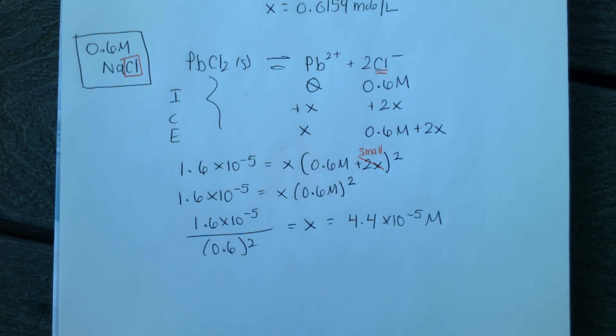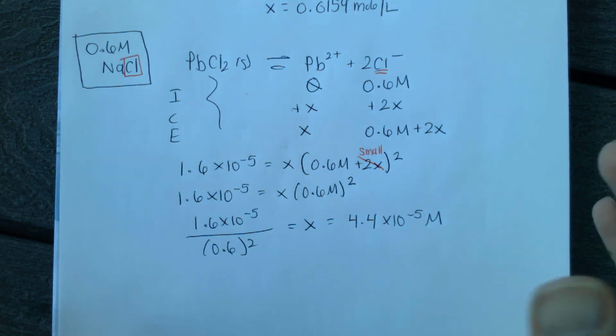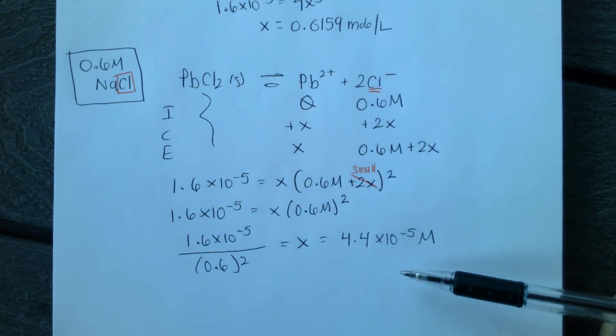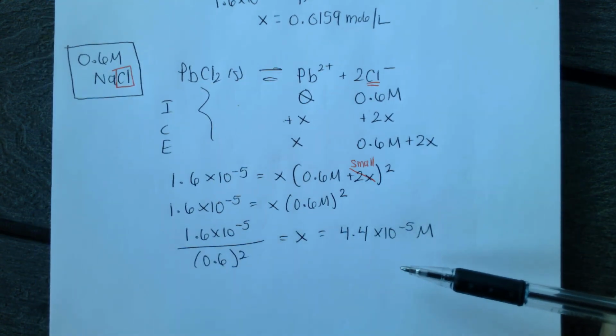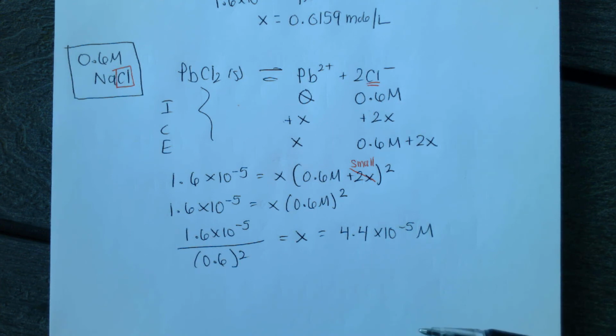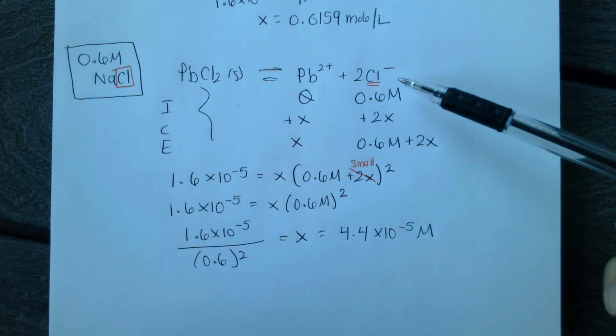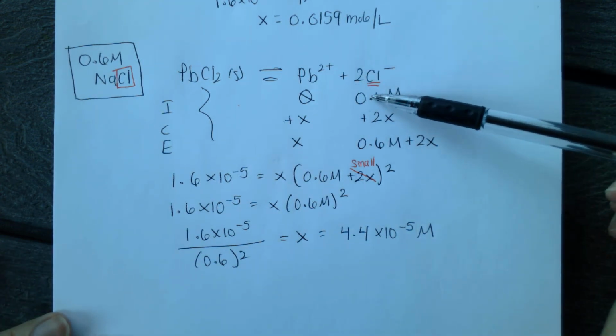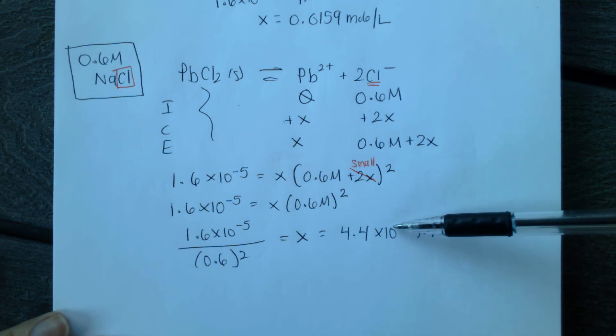Okay, so instead of having a solubility up here of 0.0159, we have reduced that down to 4.4 times 10 to the minus 5. So essentially what has happened is having that common ion there has reduced the solubility.